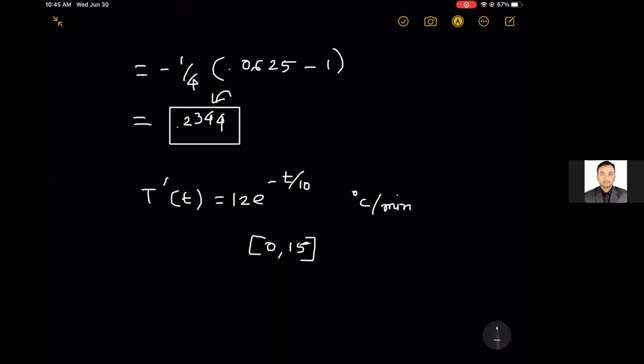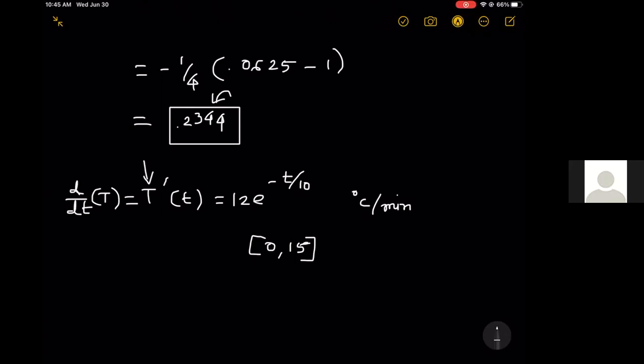Okay, so the first thing that comes into your mind is that we're looking for the temperature, right? Is this the temperature? Is it? That would be the rate of change of the temperature. So if this is the rate of change, isn't it this?